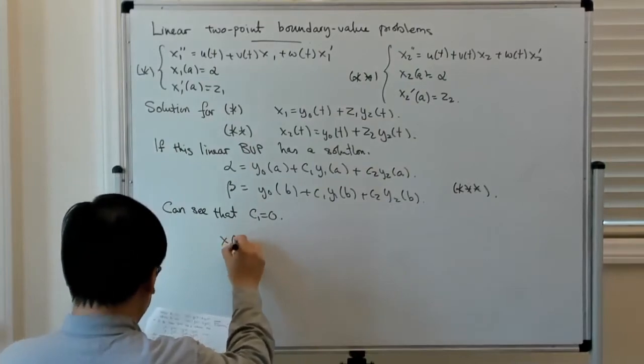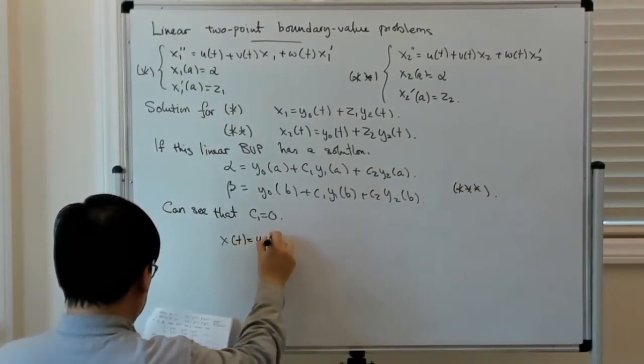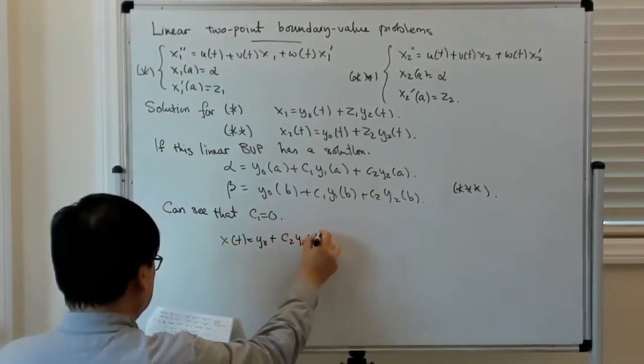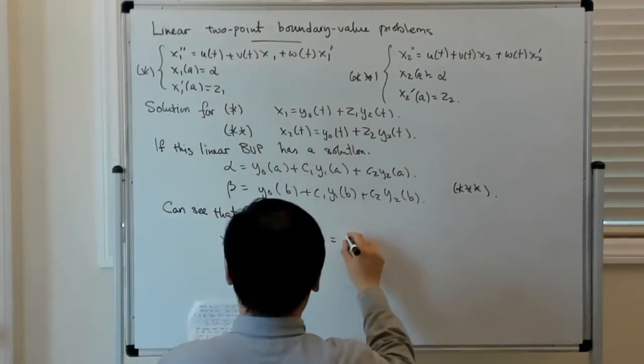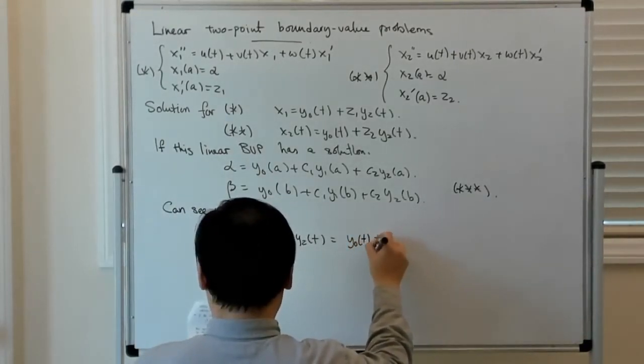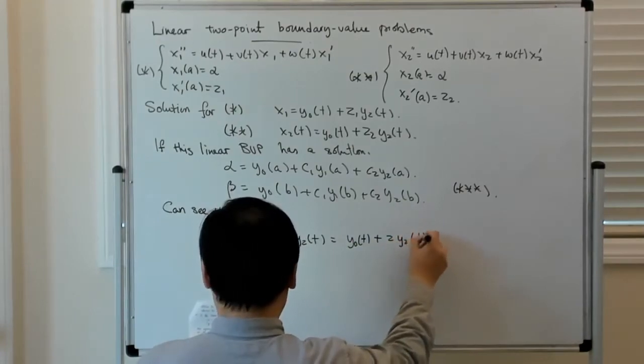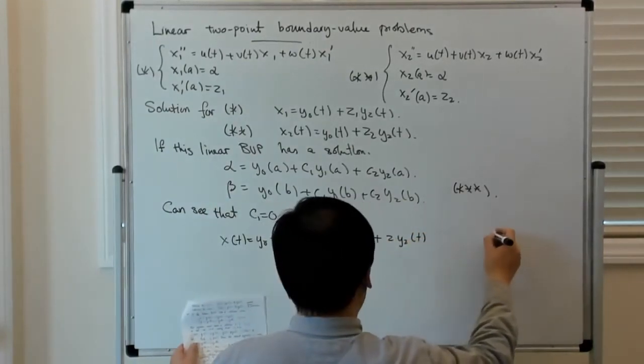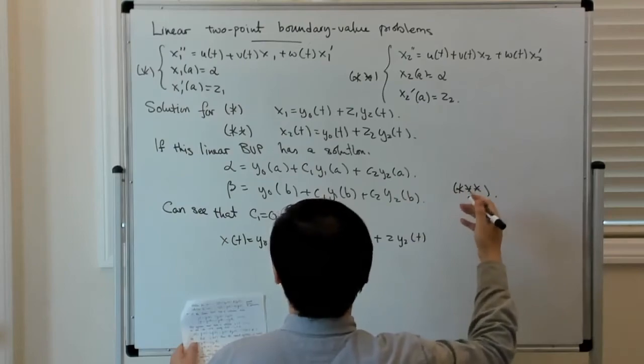So x of t is equal to y0 plus c2 y2 of t, which is equal to y0 of t plus z y2 of t, where z comes from this initial guess at the velocity.